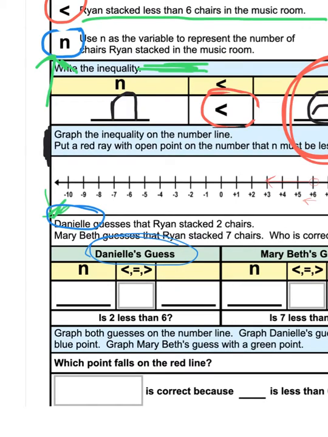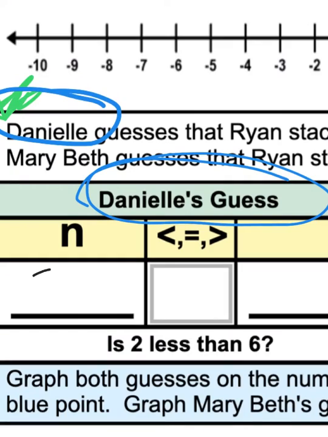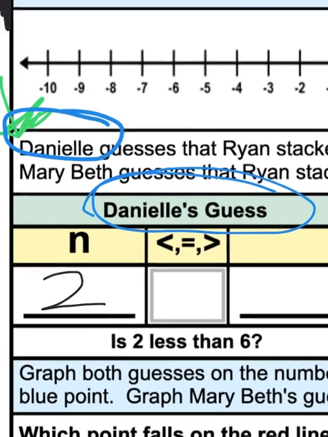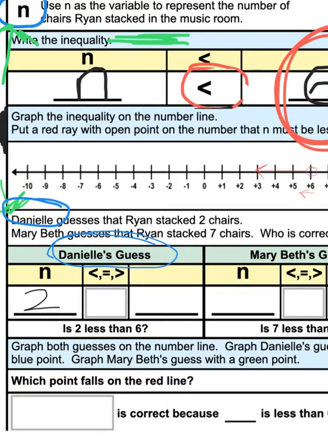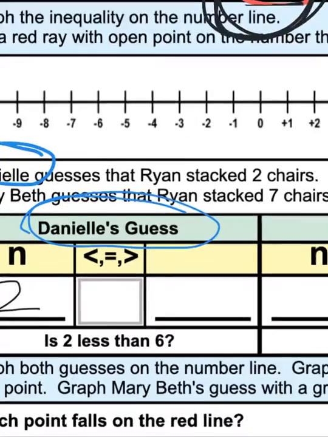So Danielle is saying that Ryan stacked 2 chairs. And then remember that we are talking about less than by looking at this sign up here. So we want to keep that consistent.